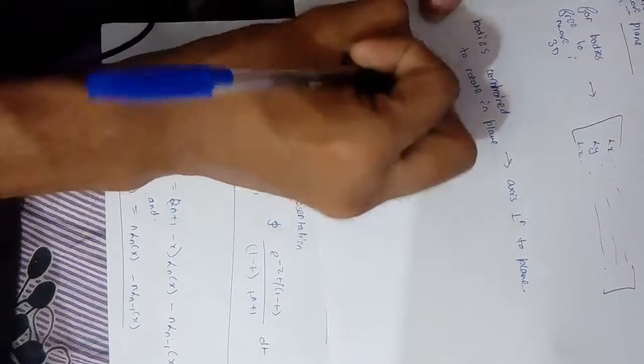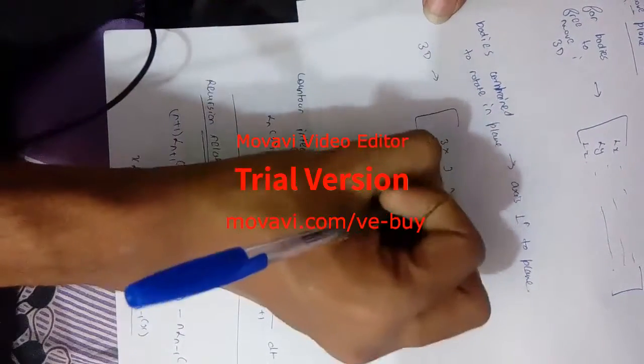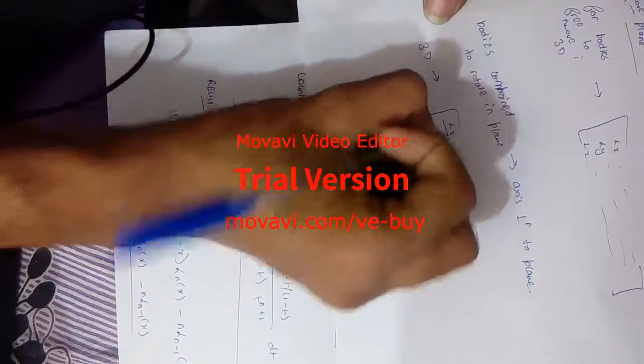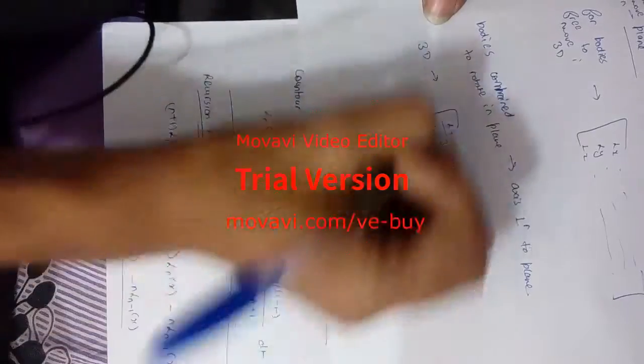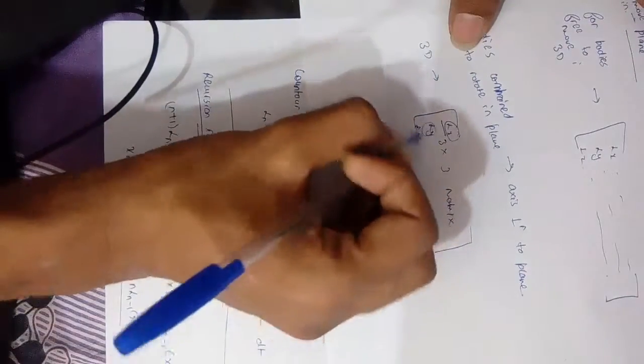But in 3D, we have to represent its moment of inertia by a 3 by 3 matrix, where each expresses Lx, Ly, Lz. That is a moment of inertia with respect to the x-axis, y-axis and z-axis, and likewise for the 3 by 3 matrix.